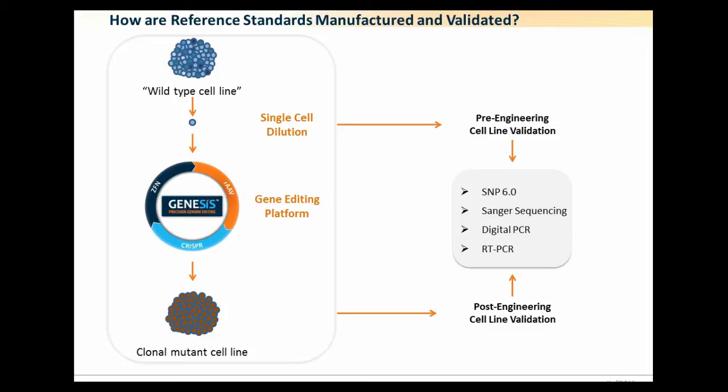So before and after engineering, we run SNP6 array assays to validate the cell identity of the cell lines. Of course, we run Sanger sequencing on the mutant cell lines to assure that the engineering was properly done. And as you can see, we also perform digital PCR to measure the allelic frequencies and copy numbers of the mutants. And of course, RT-PCR to make sure that the gene is expressed.